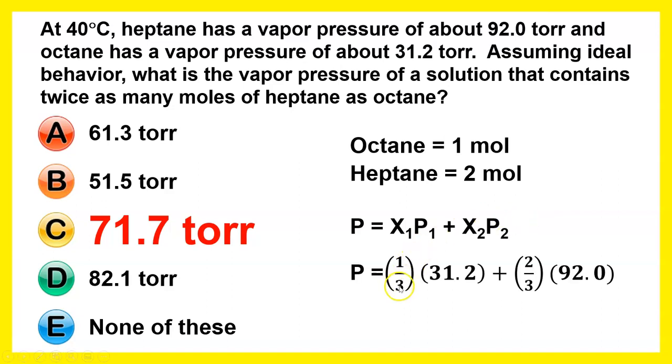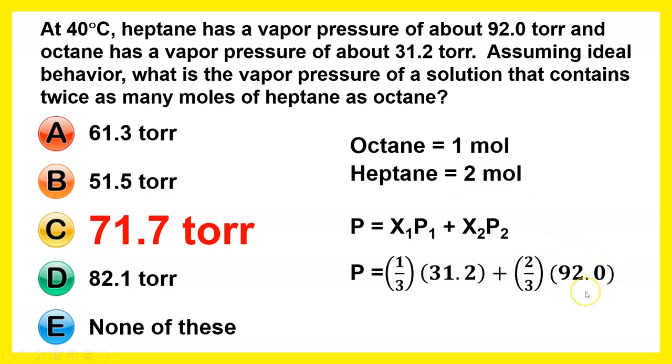So I have 1 mole of octane and there's 3 moles total present. I'm going to have the pressure of the pure octane. Then I have 2 moles of heptane over 3 moles total.